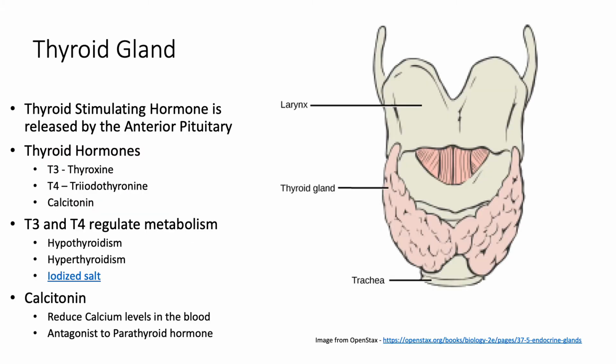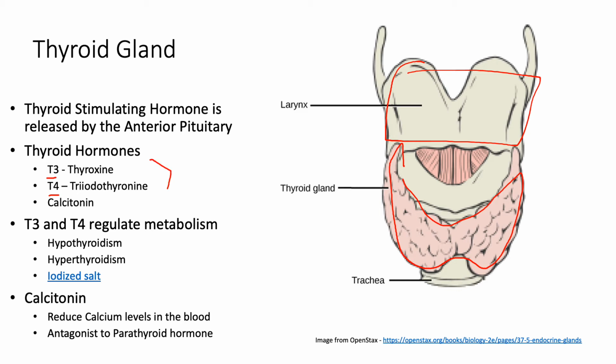Thyroid gland. So here's our voice box, our larynx, just to get your bearings. And just below that, we would see the thyroid gland. The thyroid produces two important hormones that I will refer to as T3 and T4. Both of these contain iodine. T3 is thyroxine and T4 is triiodothyronine.